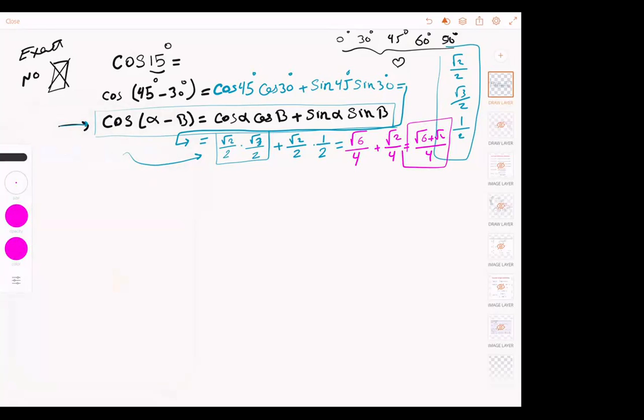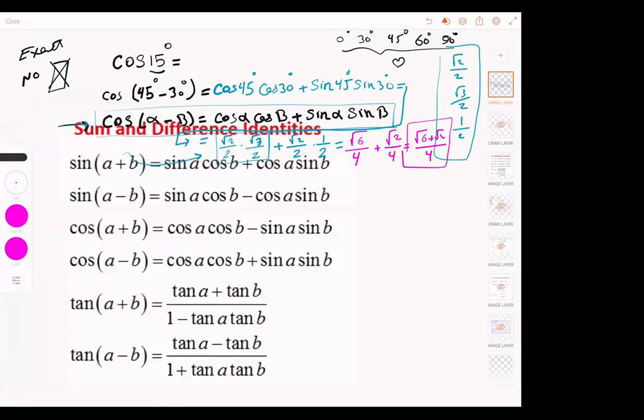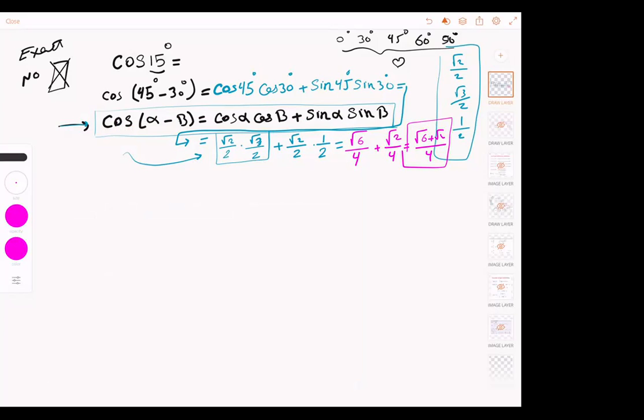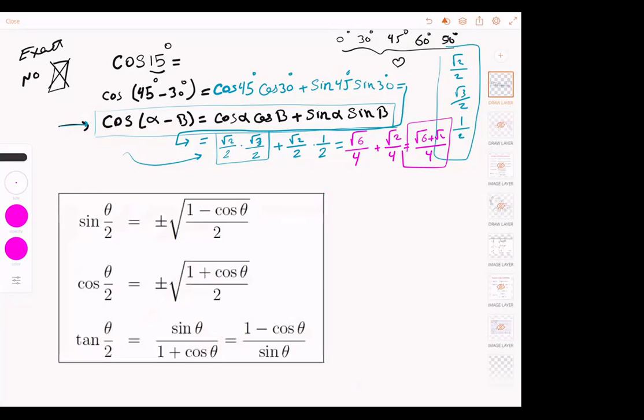So this set of formulas I just put here. This is adding and subtracting. We also have the half angle formula. That means the half angle formula is this one. Look at this guy, this is half of this one.